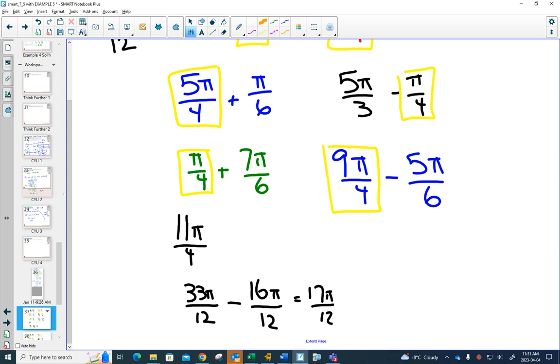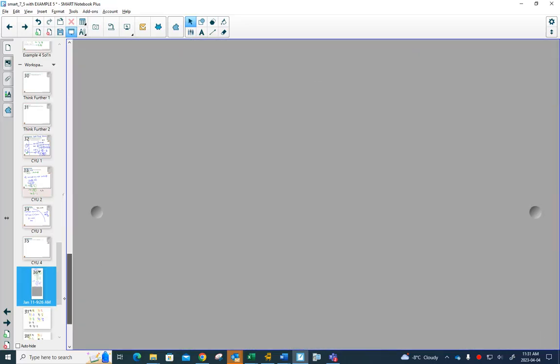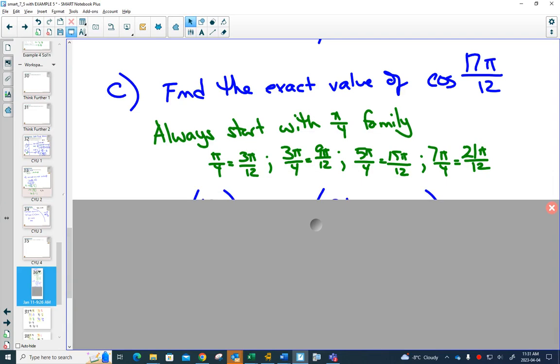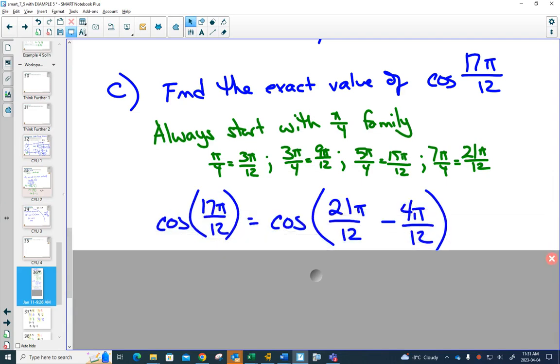Now, I started with a random pi over 4. If you start with a random pi over 4 and you reduce the other one that works, look at that, that's on your pie plate. It will always work to give you one that's on your pie plate. So for any pi over 12 question, like where we were about to solve cos of 17 pi over 12, you can always start with any pi over 4 family and then just figure out what would work.